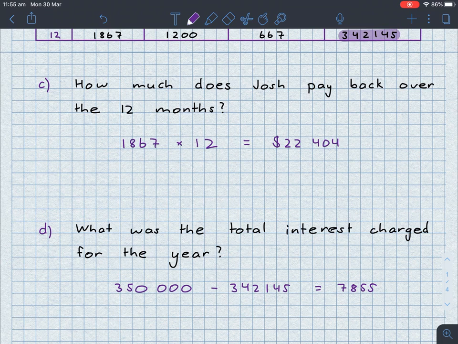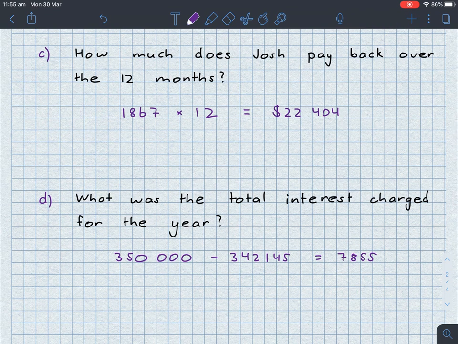So that's what was actually paid off the principal. But we just found out in Part C that Josh paid $22,404. So that was principal and interest. If we take away what he paid off the actual principal amount, whatever's left must be interest, which is $14,549. But if that's not really making sense, feel free to just go back to the interest column and add those 12 numbers together. You'll get the same thing.